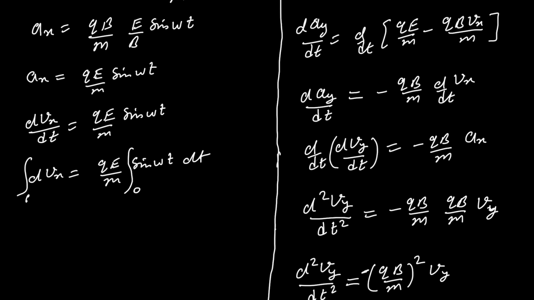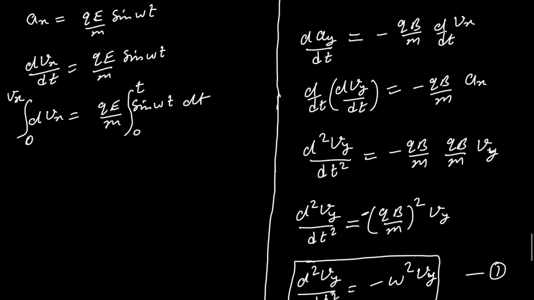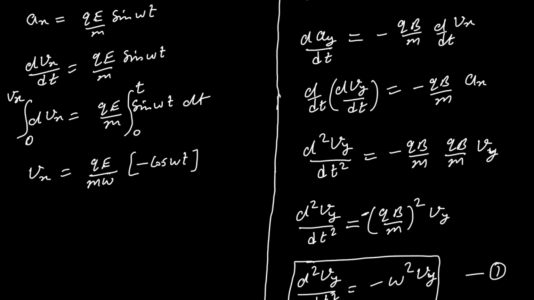We were at the origin and our velocity was 0, and hence Vx was also 0. So since the net velocity was 0, its x and y components both were 0. At some time, let's say our velocity along the x-axis is Vx. Now on integrating this, we'll get Vx is equal to qE by m omega minus cos omega t. This is the integration.